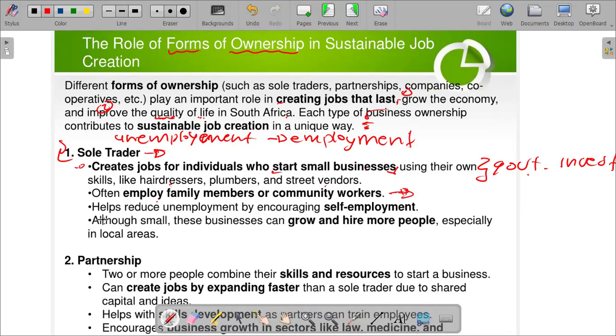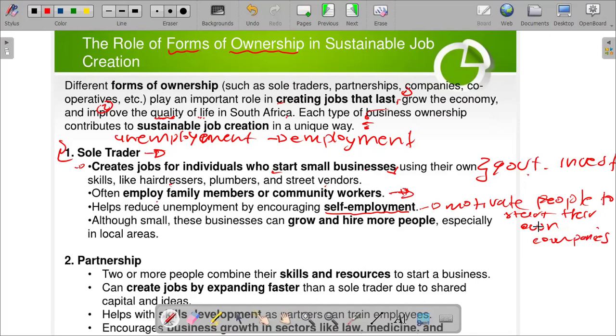Number three, as a sole trader, you can help reduce unemployment by encouraging self-employment in others. So firstly, you can employ other people, and secondly, you can also encourage self-employment. You motivate people to start their own companies.